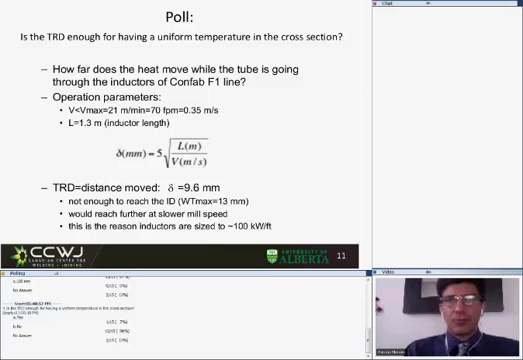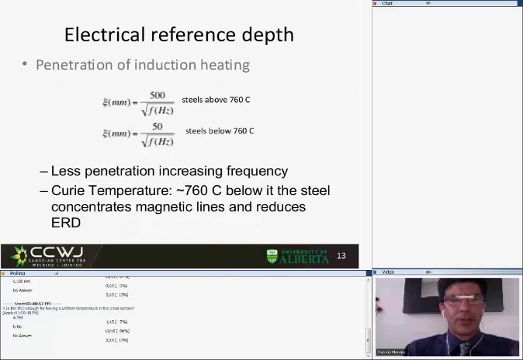Yes, we can make a good product in this condition if we have enough electrical reference depth. So that will be important to keep in mind, that heat transfer alone is not good enough in this case, and we can move on to the next thing, that is the electrical reference depth.